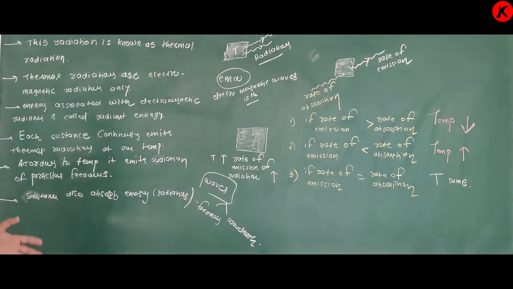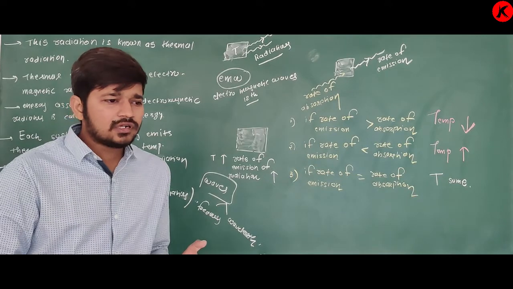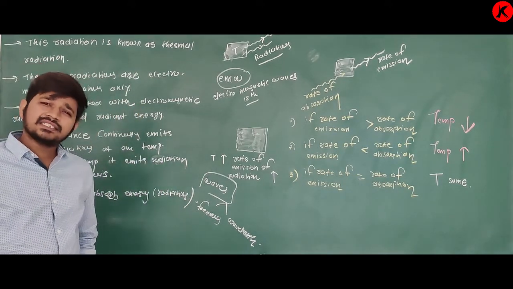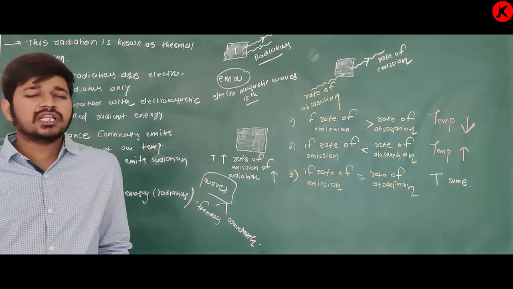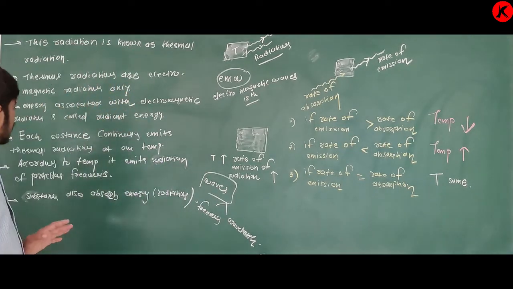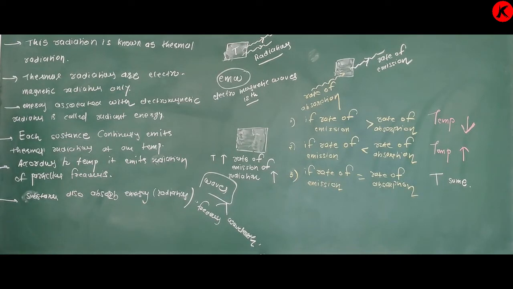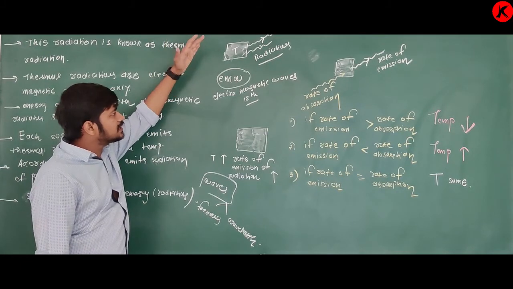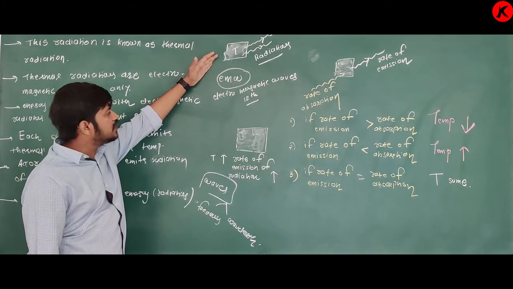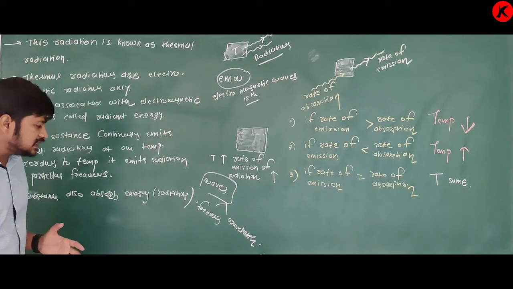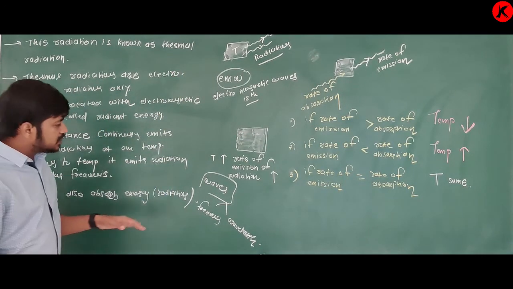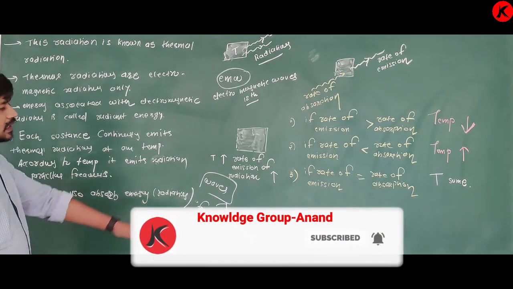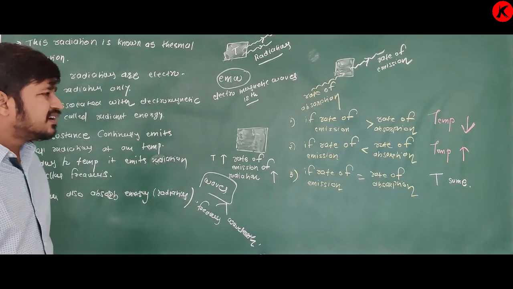There are numbers of different types of waves: X-ray, ultraviolet light, visible light, etc. They all have the same speed, that is 3 times 10 to the 8 meter per second, and they are all called electromagnetic waves. So remember, according to temperature, every substance emits some radiation of particular frequencies. As temperature increases, rate of emission of radiation also increases. These three conditions you have to remember.